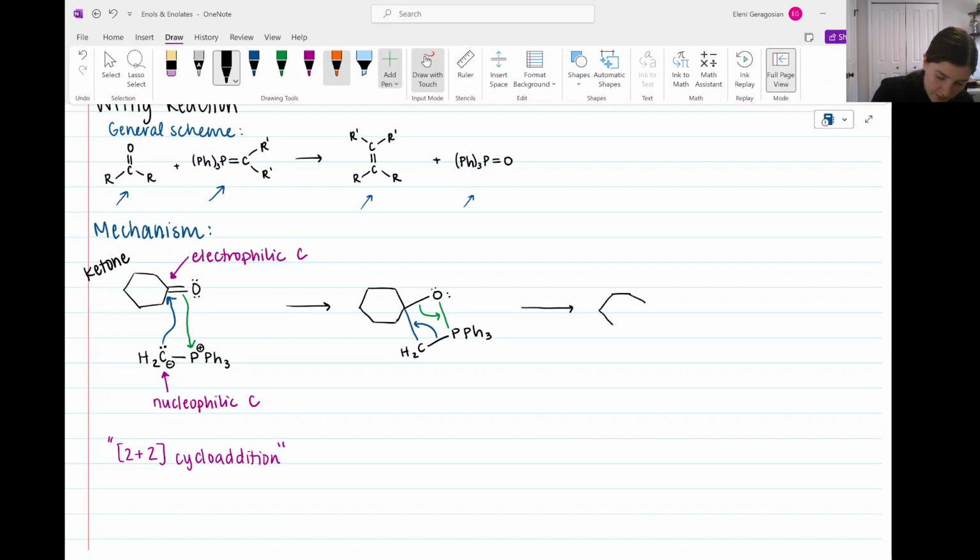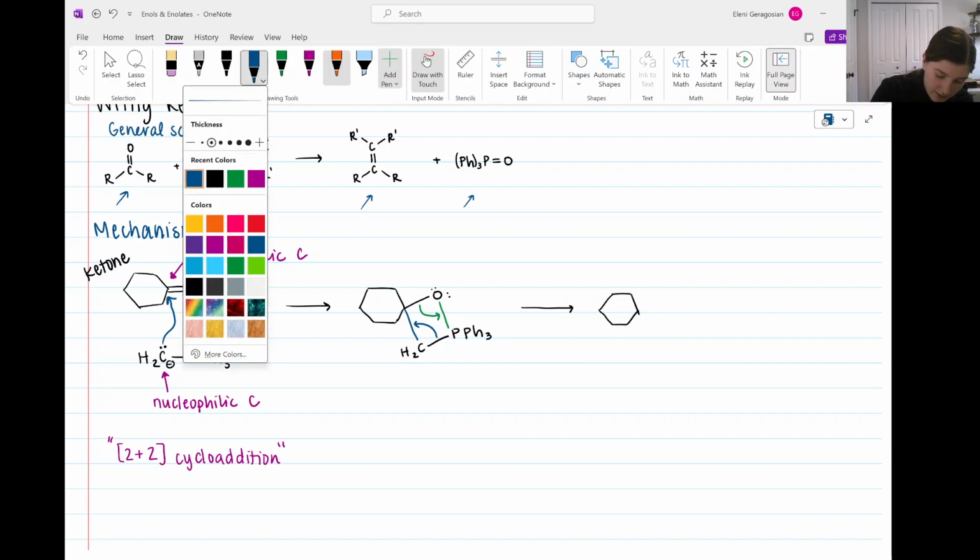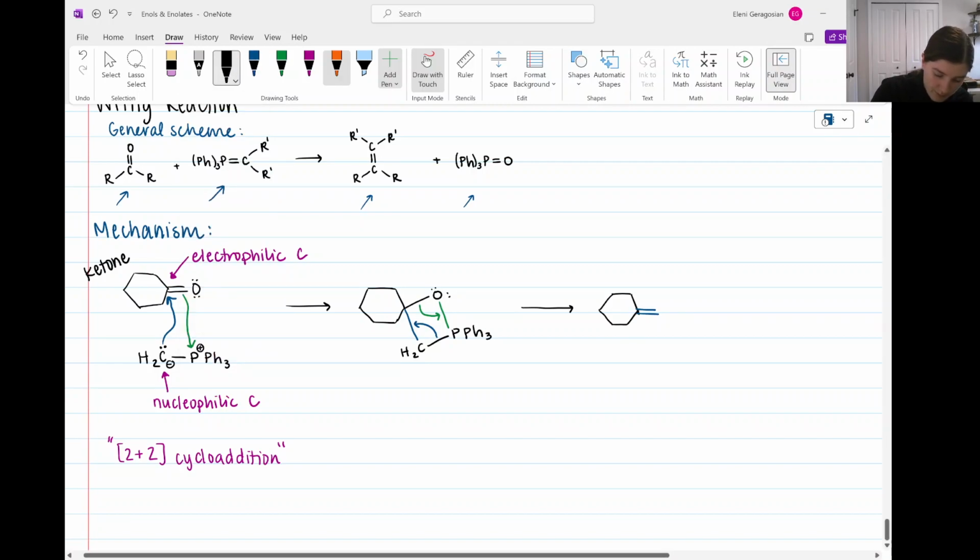So we have our 6-membered ring. At the carbon on the right, we now have a pi bond to the CH2 group. And this is our alkene or the olefin.